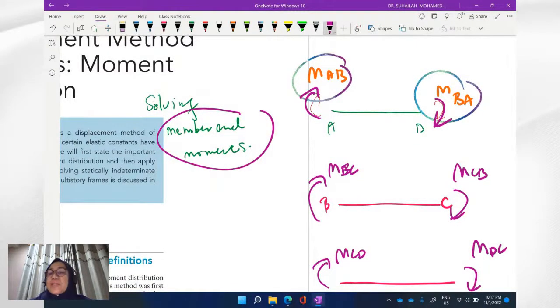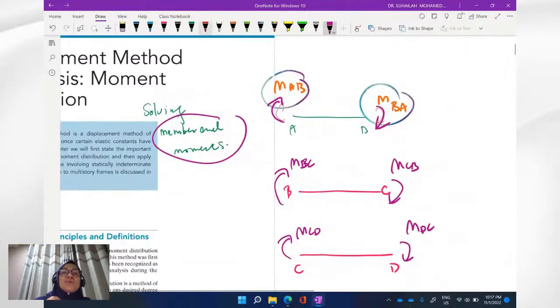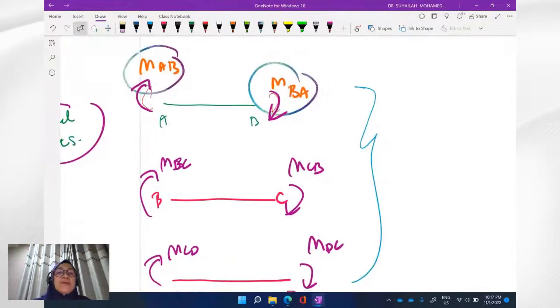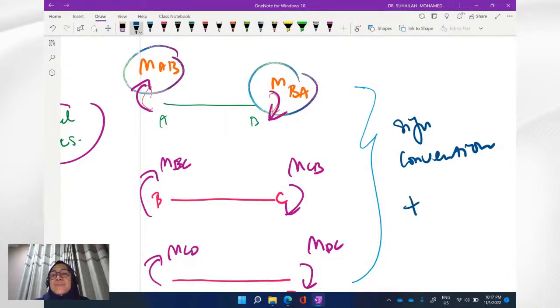And the moment direction I put here is actually based on the sign convention. This is the assumption at the beginning of the process. I put this direction because the sign convention we use in this topic is clockwise.